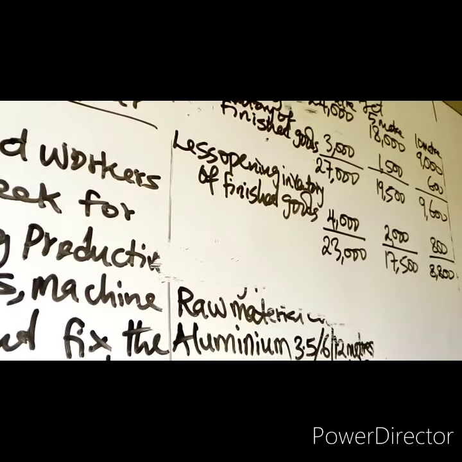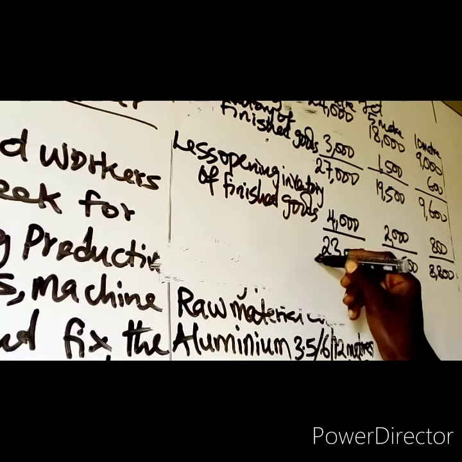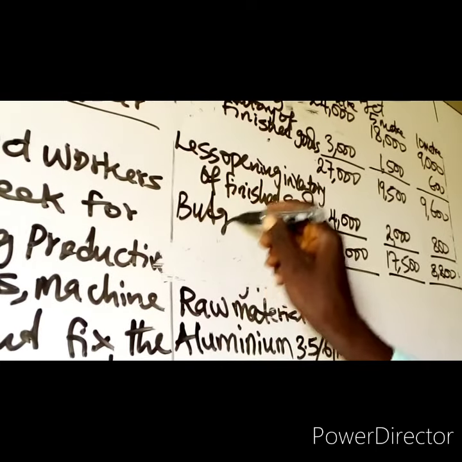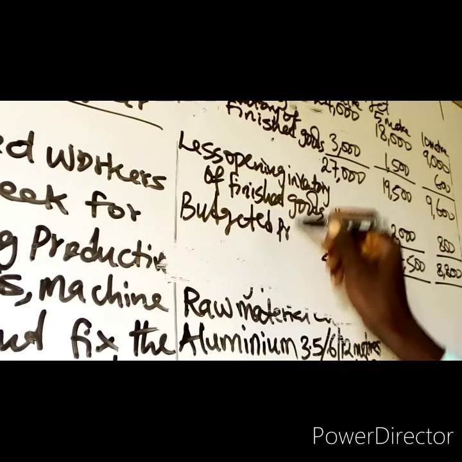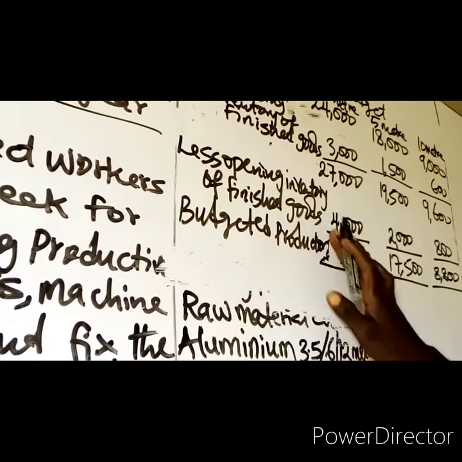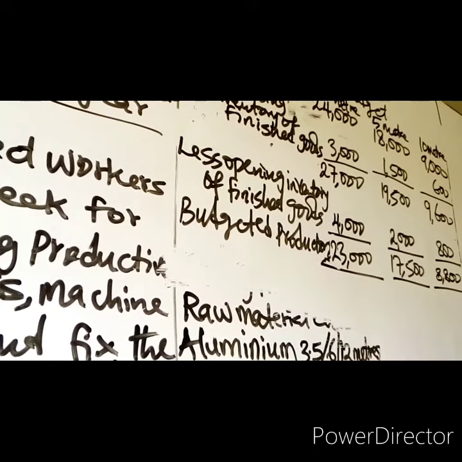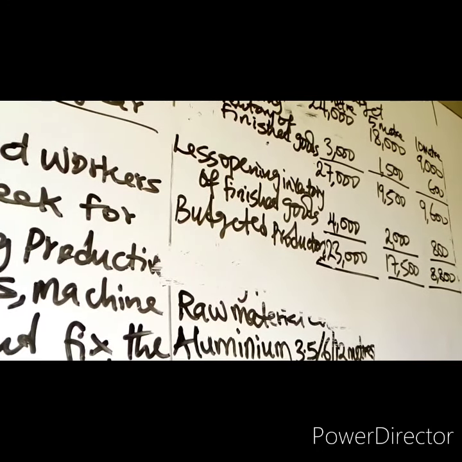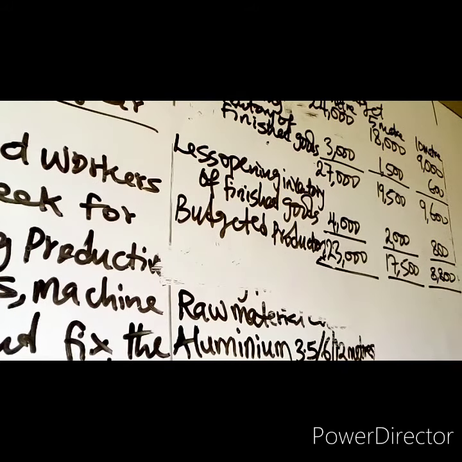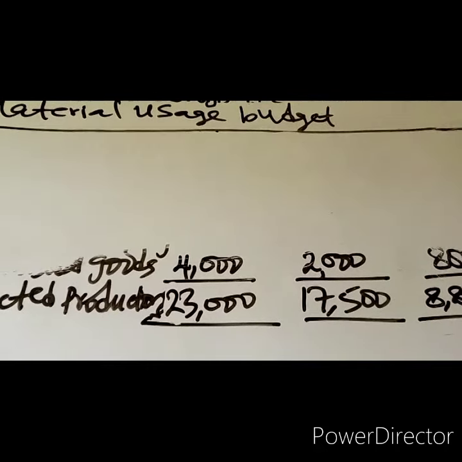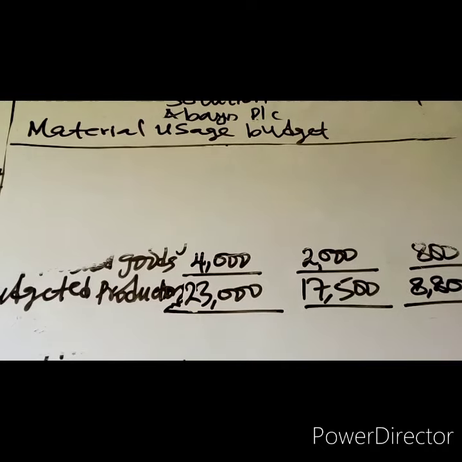This is the budgeted production. We have 23,000, 17,500 and 8,800. That is our budgeted production. So you want to prepare the material usage budget.